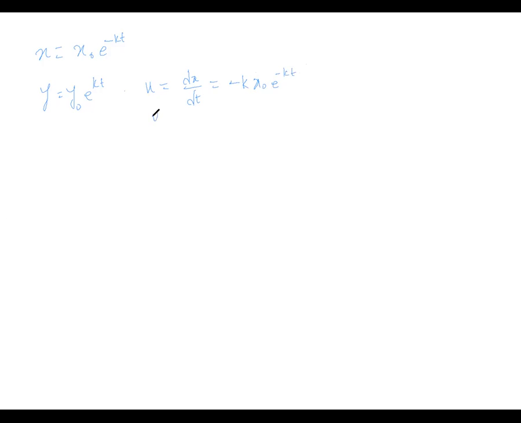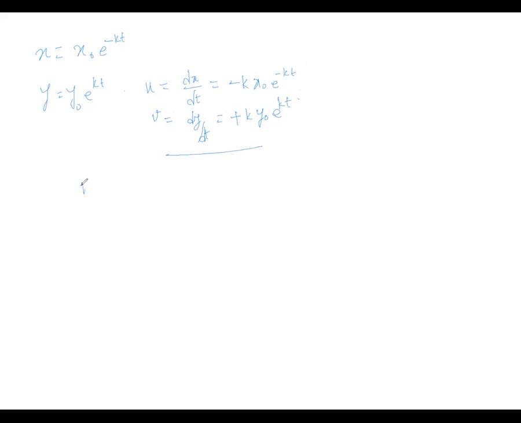Similarly, the y-directional velocity is dy by dt, which on differentiating gives plus k y naught e power kt.